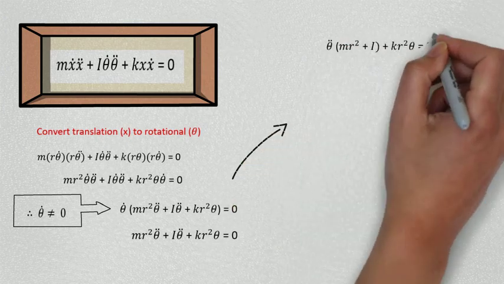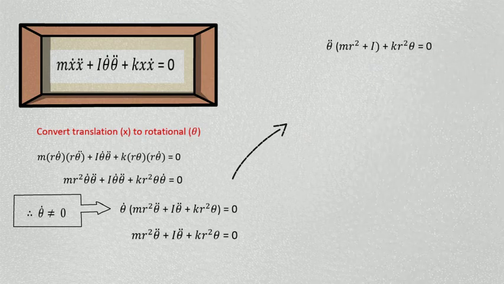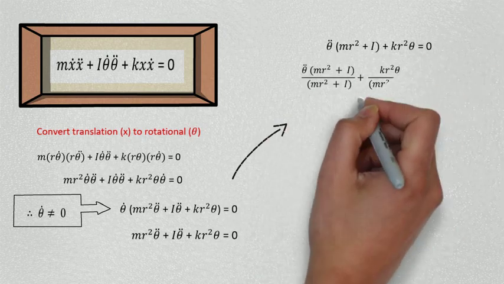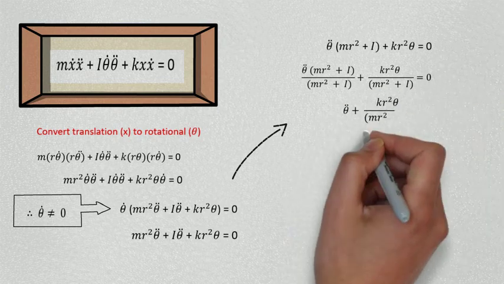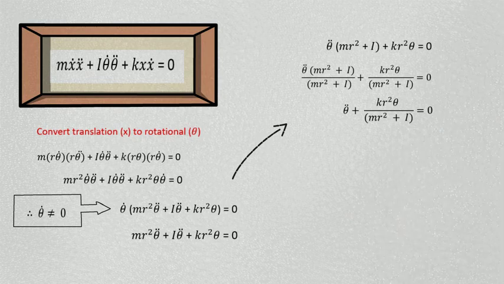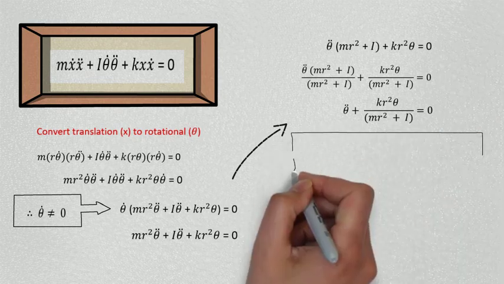Then you must divide all the equation in terms of mass. Now your final equation is theta double dot plus k r squared theta over m r squared plus I is equal to 0.